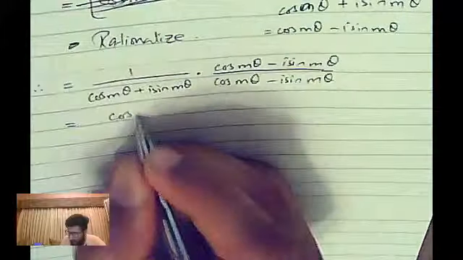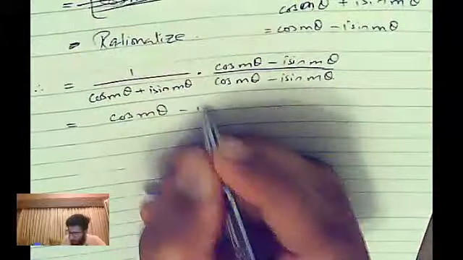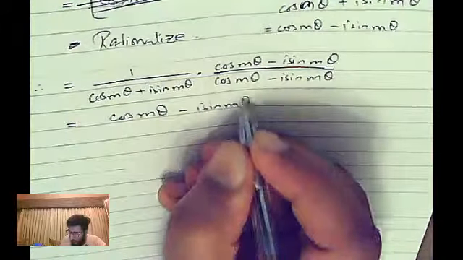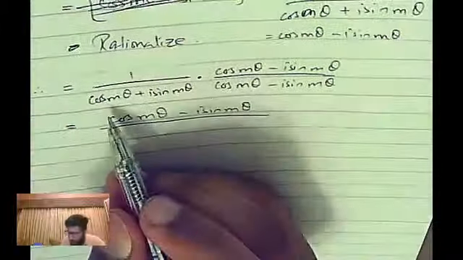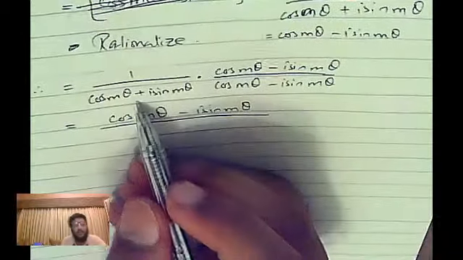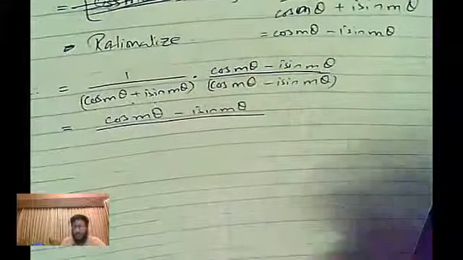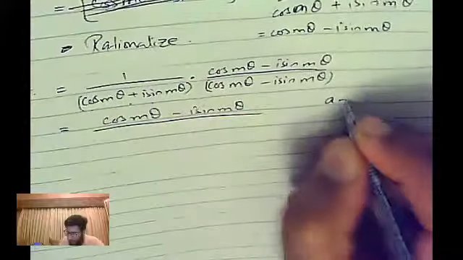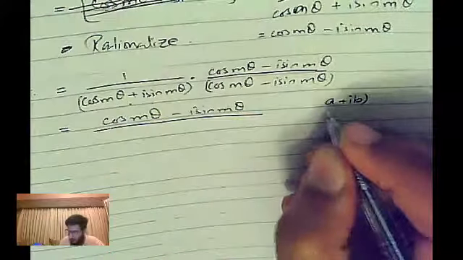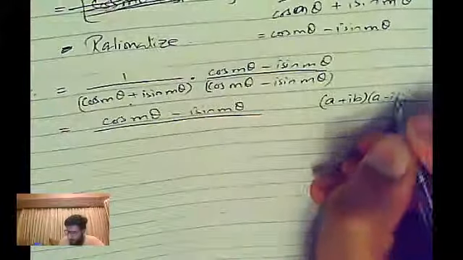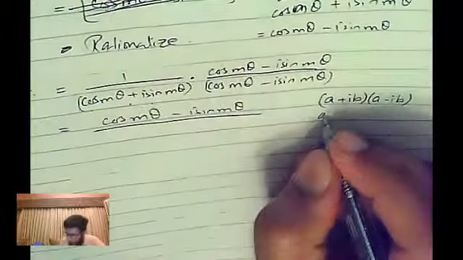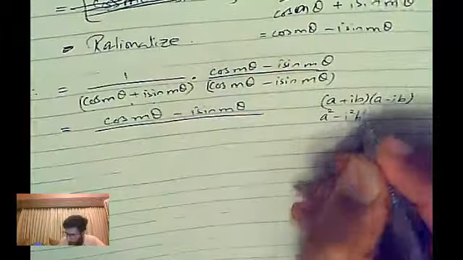So in the numerator we have cos m theta minus iota sine m theta, and in the denominator we have cos m theta plus iota sine m theta, and cos m theta minus iota sine m theta. We can put these under brackets so it's clear. It is a plus iota b, times a minus iota b, and as we know that gives us a square minus iota square b square.